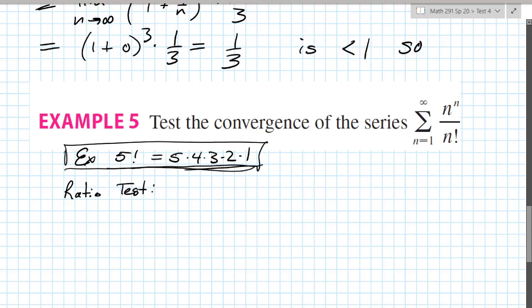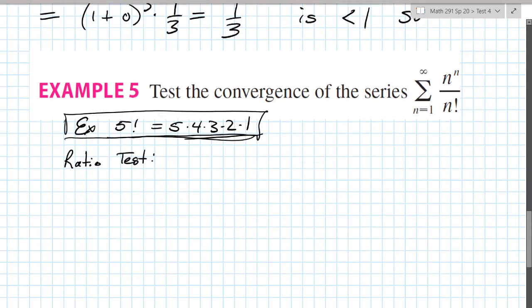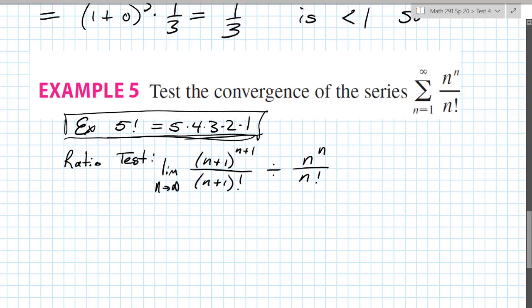We don't need to use the absolute value. We could just skip that part. So we have n plus 1 to the n plus 1 divided by n plus 1 factorial, divided by n to the n over n factorial. We want to take the limit as n approaches infinity.